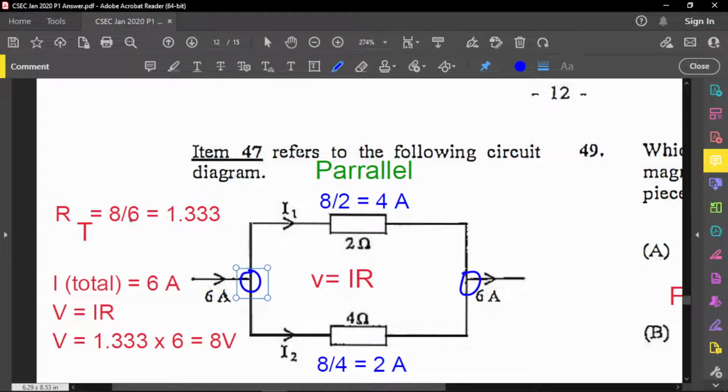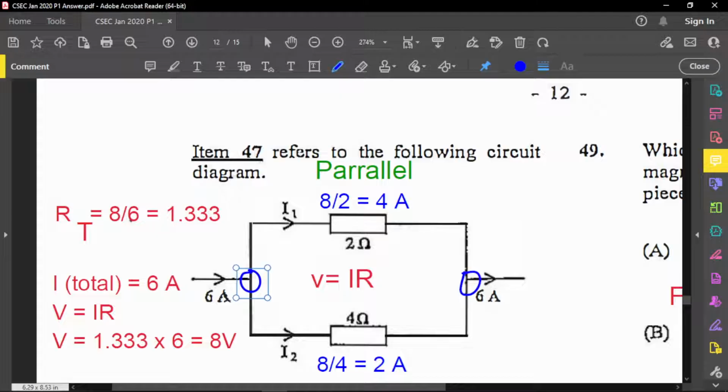If we consider the flow of current from the positive to the negative terminal, then definitely on our left will be positive, and on our right, not the screen right, will be the negative. For you to have a current flow, you must have a voltage.